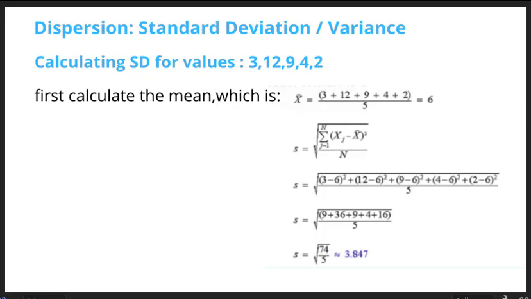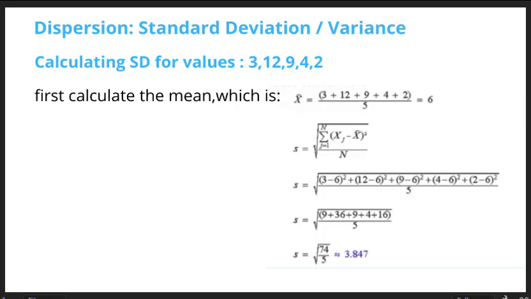First, calculate the mean, which is 3 plus 12 plus 9 plus 4 plus 2, divided by 5, which is 6. Then you calculate the standard deviation, looking at how far each observation is from the mean.